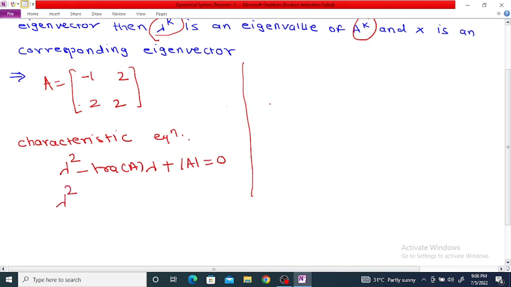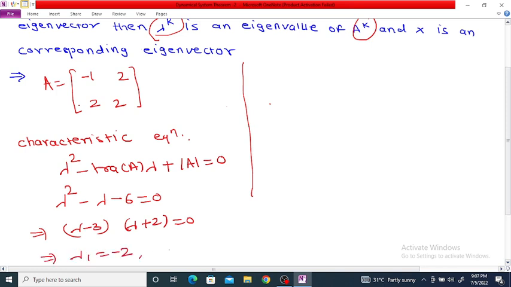The determinant is -2 -4, so this is equal to -6. So lambda square minus lambda minus 6 equals 0, its roots are lambda minus 3 and lambda plus 2 equal to 0, and therefore lambda 1 is equal to -2 and lambda 2 is equal to 3. So these are the two eigenvalues.